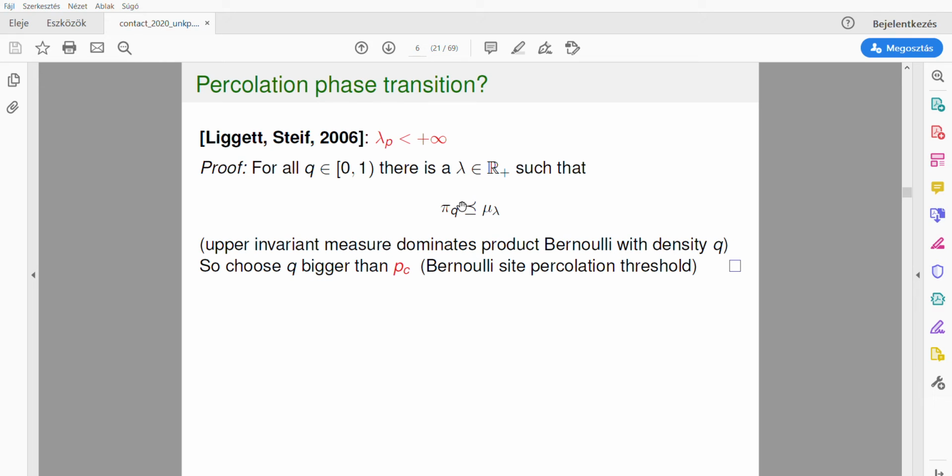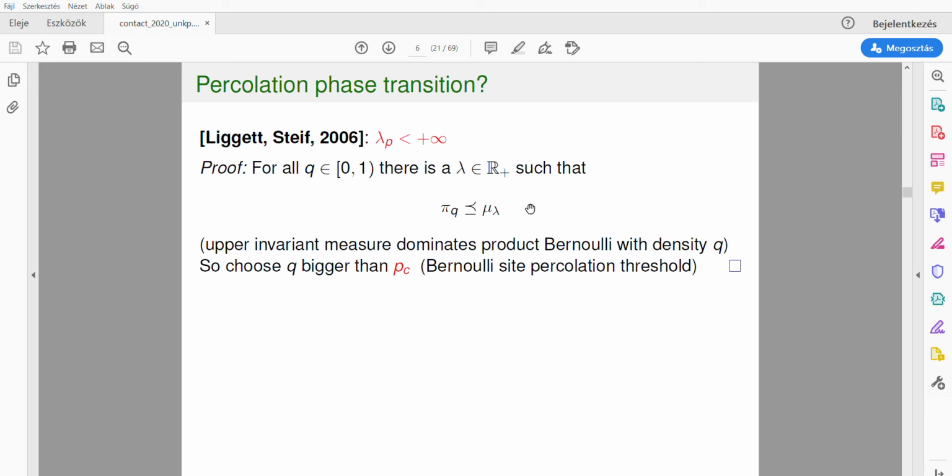But since the Bernoulli percolation with density q has an infinite component, therefore something that stochastically dominates it also has an infinite component. Therefore the upper invariant configuration of the contact process with infection rate lambda is also going to percolate.